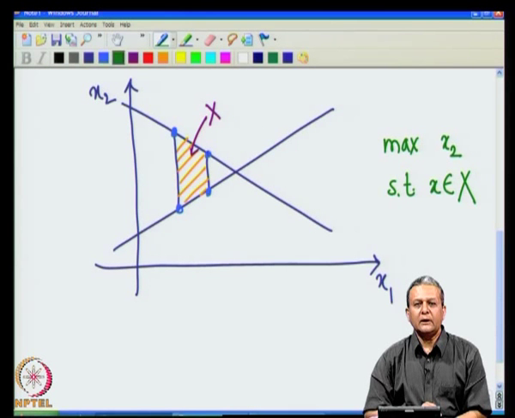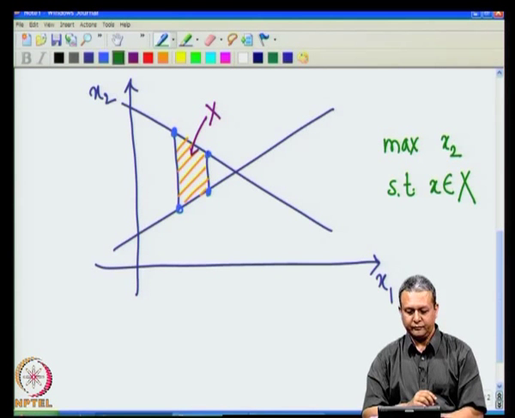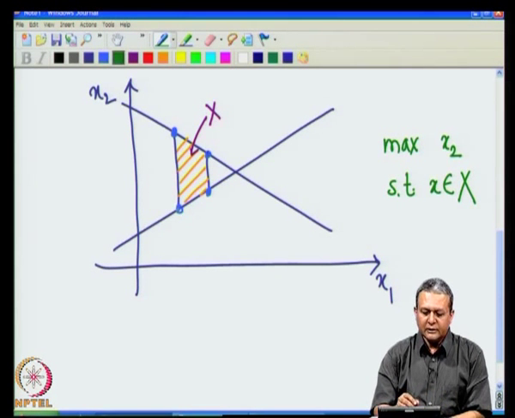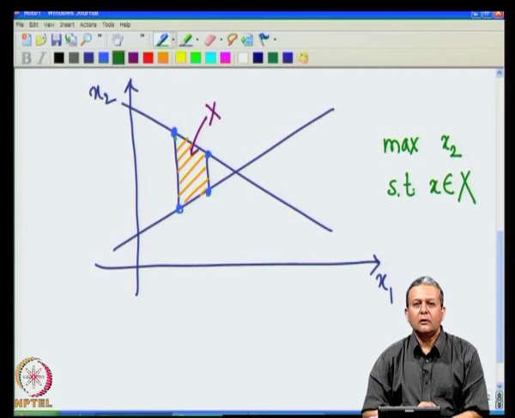Now, we have already seen that the solution to a linear program lies at an extreme point if the solution exists. So, these 4 extreme points are the candidates for the solution.